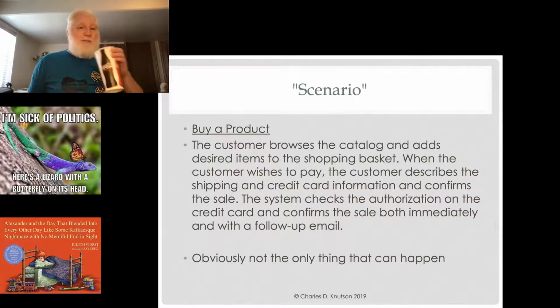Obviously, a lot more can happen than that. Also, and this is true of any design, you can take it pretty low or you can keep it pretty high. This, frankly, is a little low. This feels a little low to me. Confirms the sale with a follow-up email. It's pretty specific. Is that the thing?